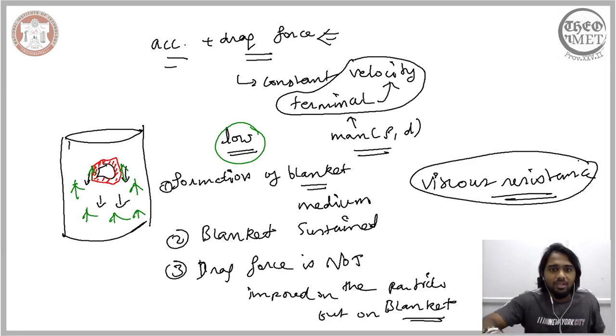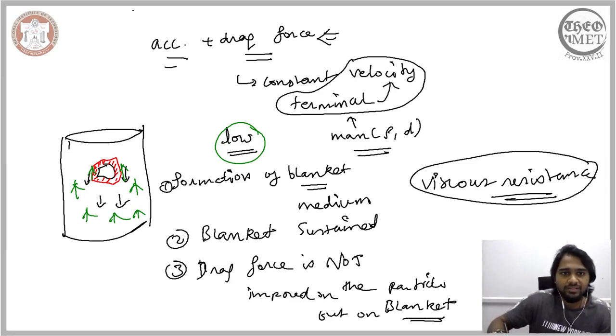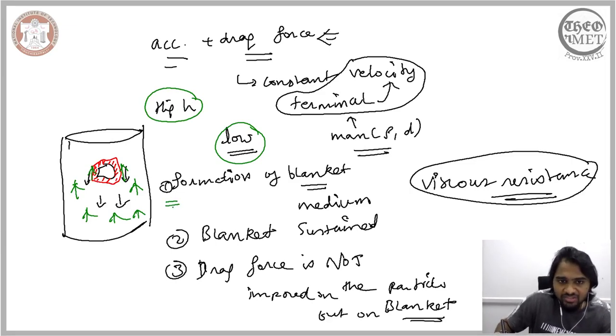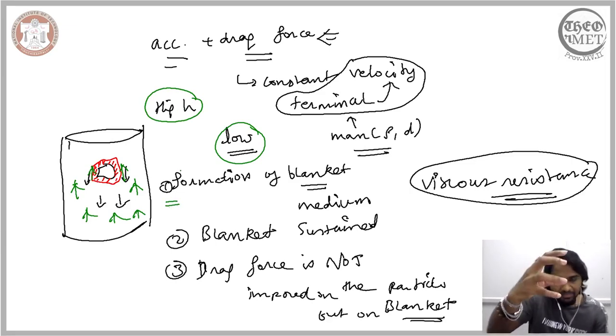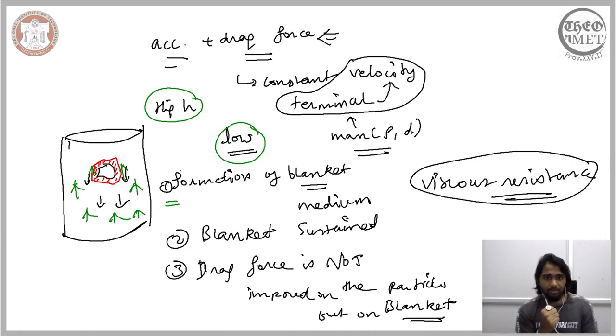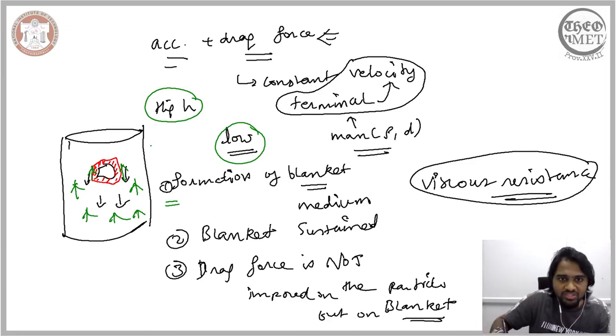Now, on the other hand, when we consider a particle that is traveling with relatively high terminal velocity, the formation of the blanket still remains the same. Once the particle is dropped onto the medium, a blanket will again be formed. However, because of the increased terminal velocity, the blanket is no longer stable.